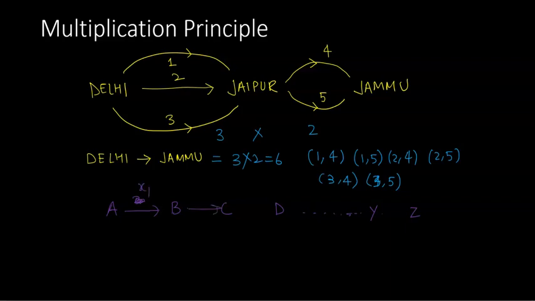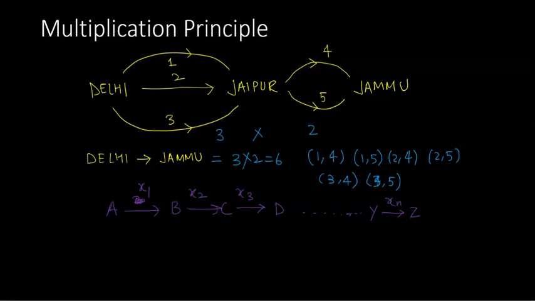From B to C you can finish it in x2 different ways. From C to D you can finish it in x3 different ways, and so on, and there could be a possibility that you can finish it in xn different ways.